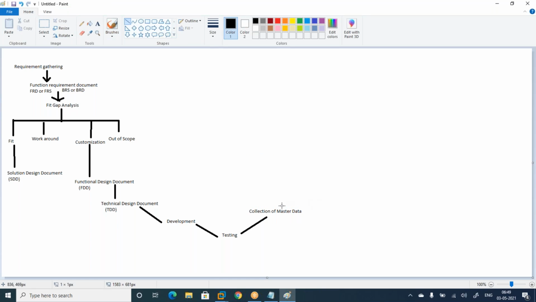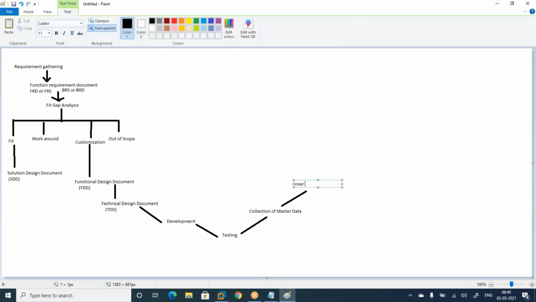Then after that, there will be UAT, user acceptance test.